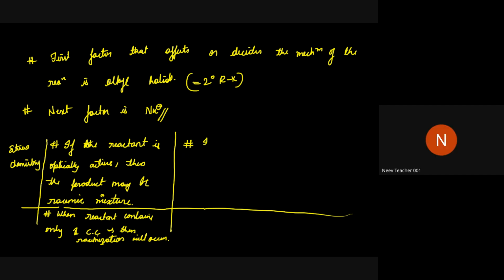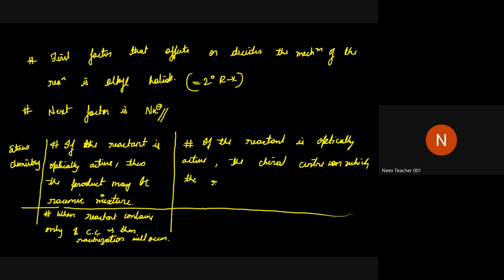In the SN2 part, again the same: if the reactant is optically active, the chiral center on which the reaction occurs gets inverted configuration.